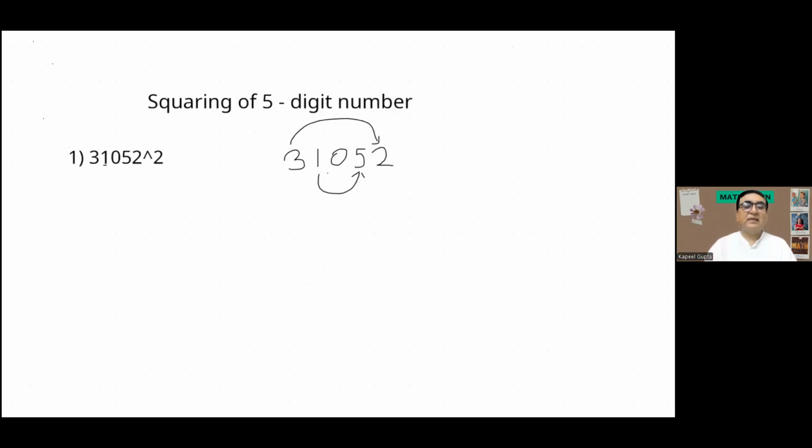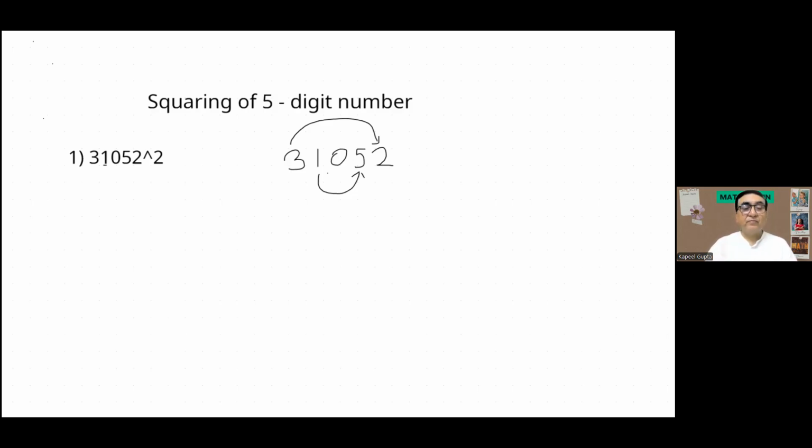So simple. Let me just tell you again. I am doing the pairing part. I'll be multiplying the first and the fifth digit, second and the fourth digit, and the third, which is left behind, because that is an individual digit, I will be simply squaring it.